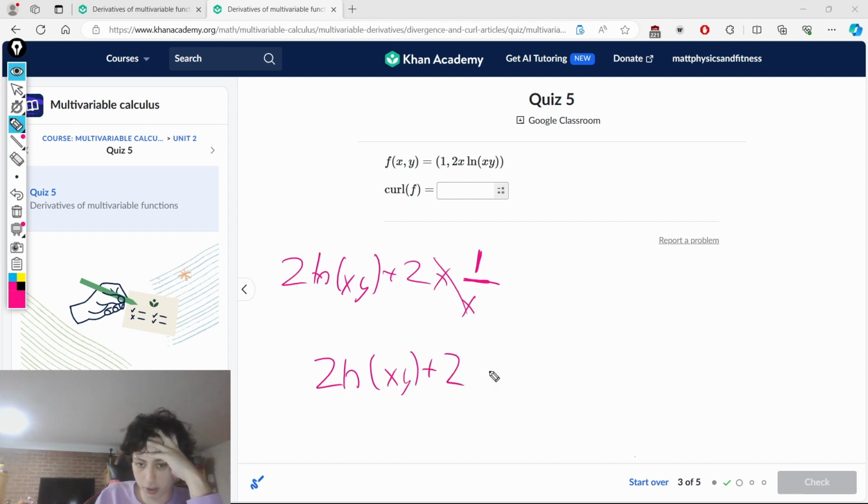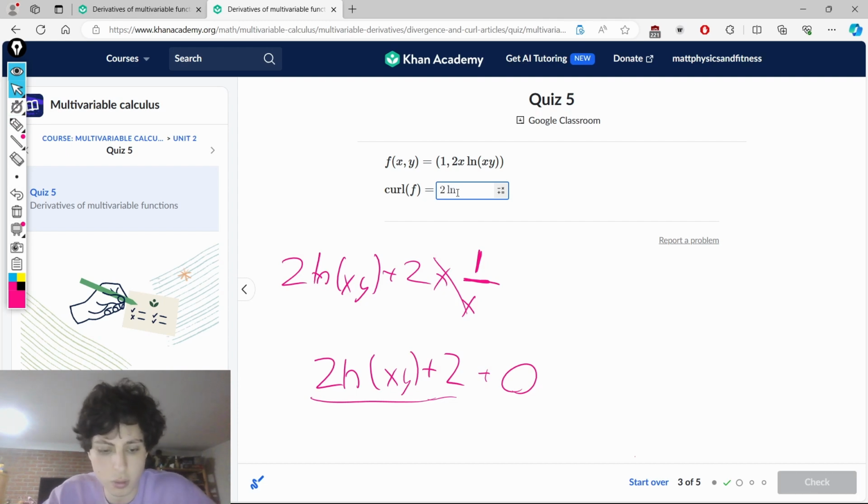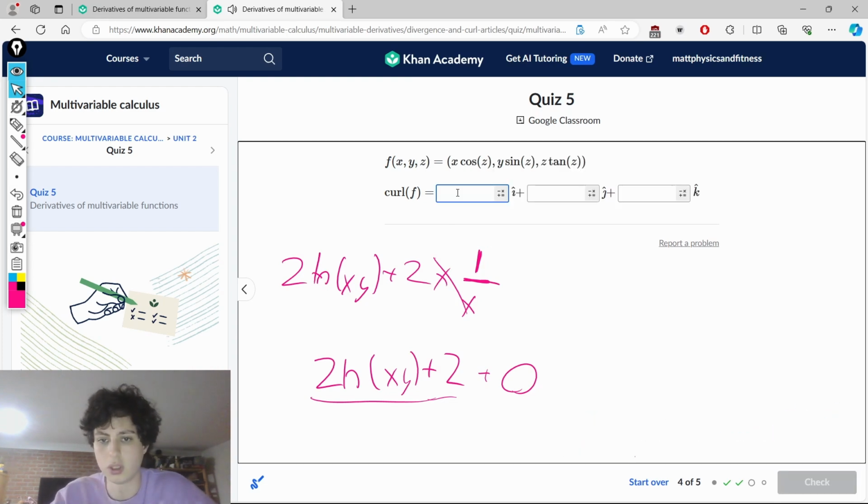And then the y partial is just going to be 0. So I think it's just this. I doubt we're gonna get this quiz right on one try. 2 ln xy plus 2.